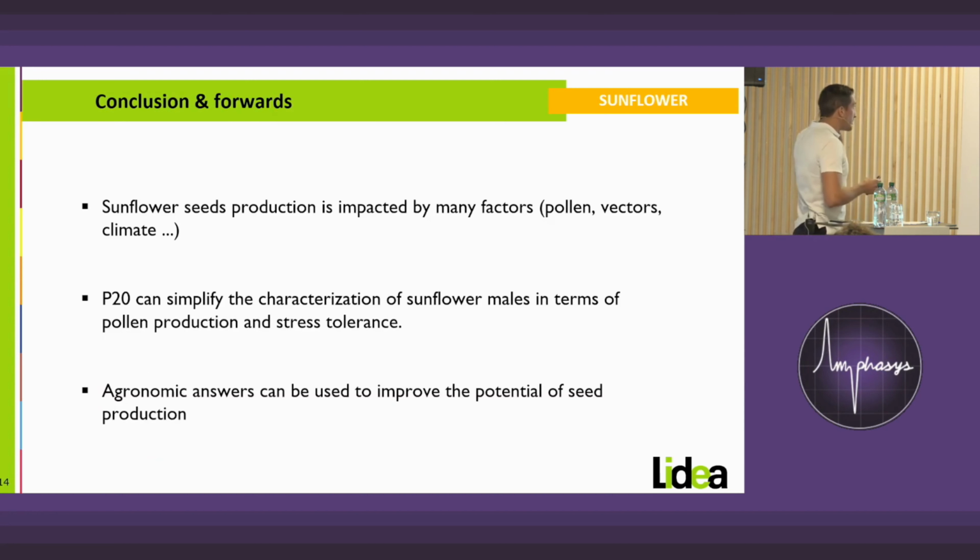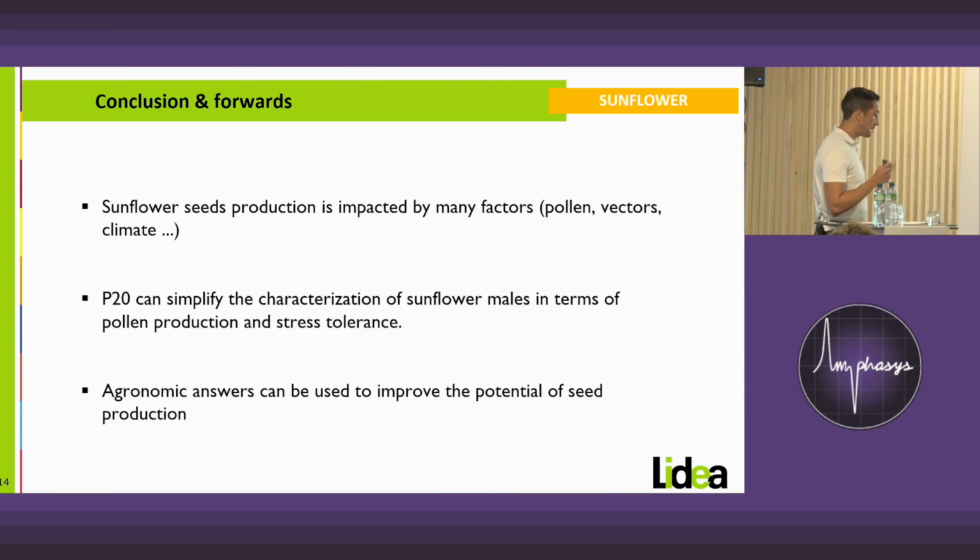To conclude, sunflower seed production is impacted by many factors. It could be climate, it could be vectors, and pollen is a very important factor to have good seeds in terms of quantity and in terms of quality. The P20 instrument can simplify the characterization of our sunflower males in terms of pollen production and stress tolerance.